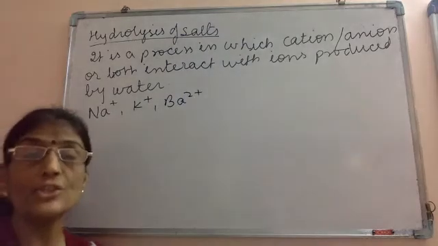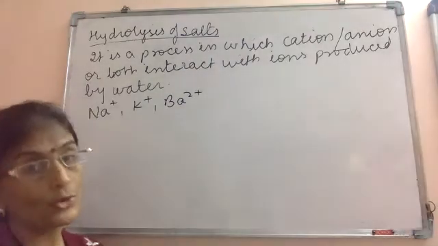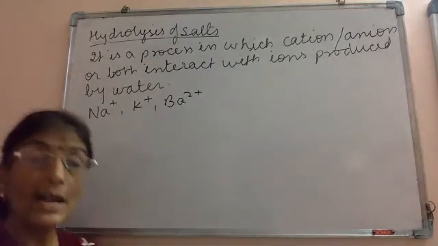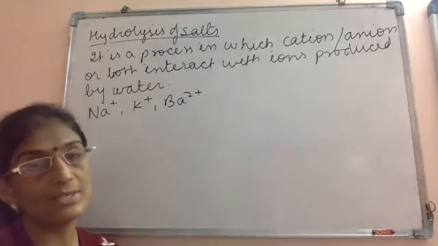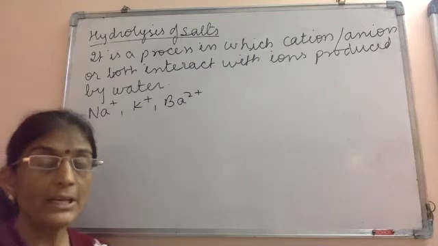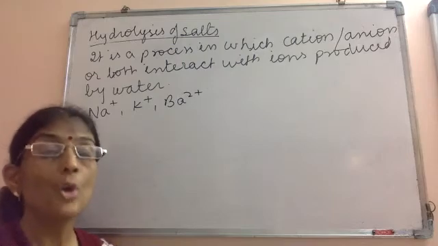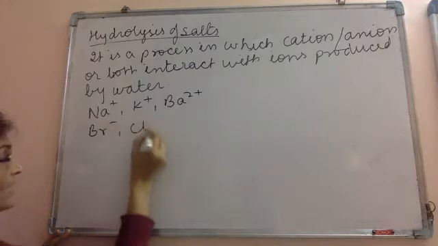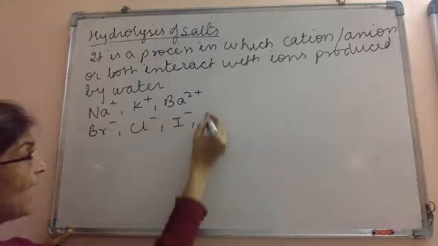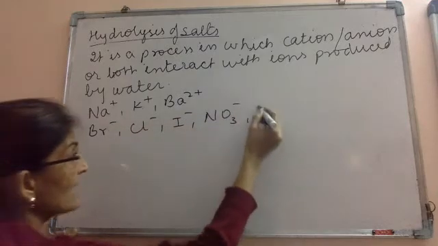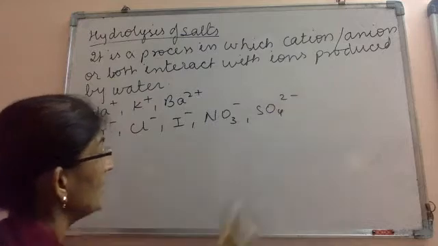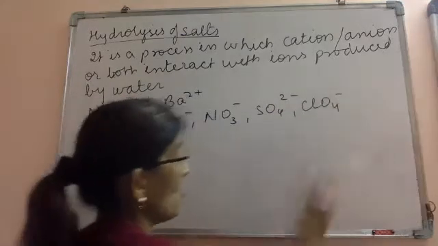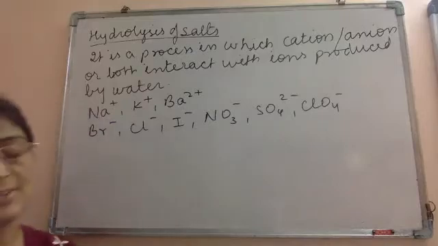NaOH, KOH, barium hydroxide are strong bases. The ions of a strong base always undergo hydration; they won't undergo hydrolysis. Similarly, anions of strong acids like Br minus, Cl minus, I minus, NO3 minus, SO4 2 minus, ClO4 minus, they won't undergo hydrolysis, they undergo hydration.